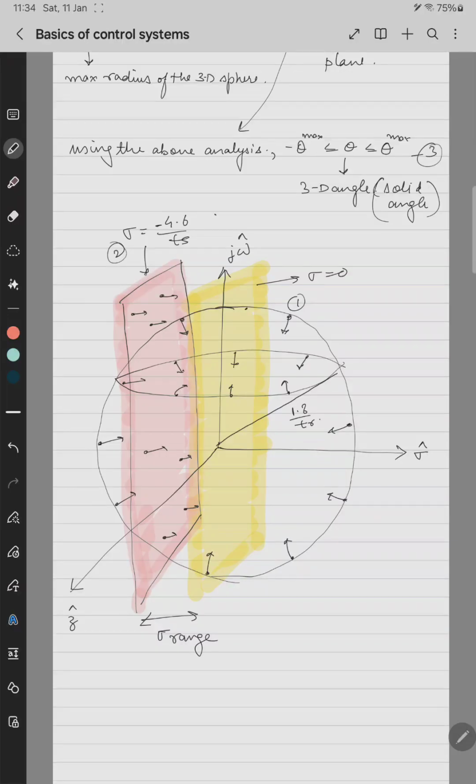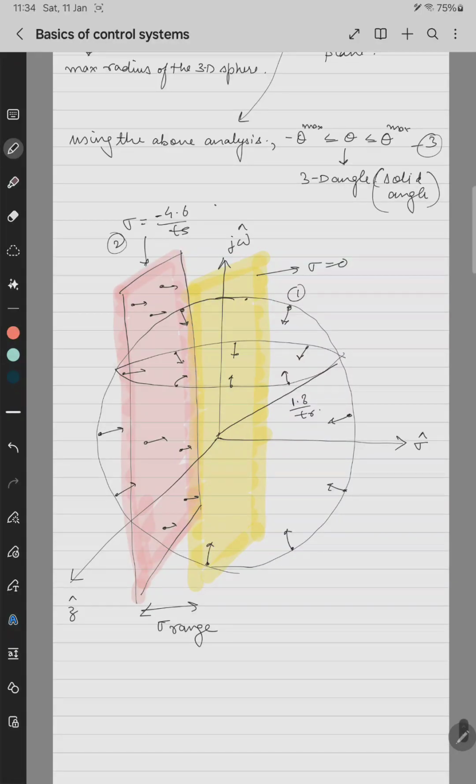Then comes the 3D angle. Again it will be a conical structure like this. I'll draw it like this, from here.